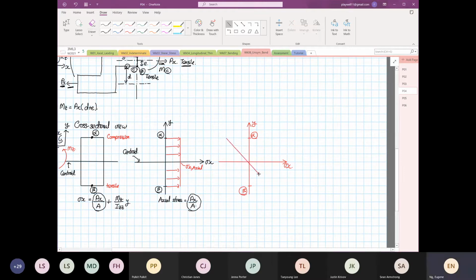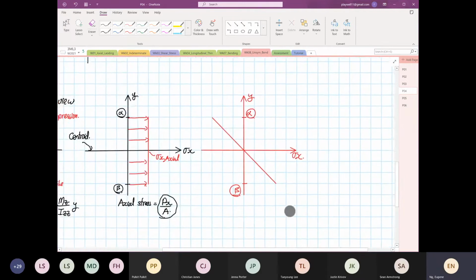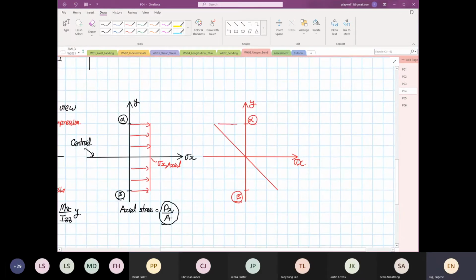This is the shear stress distribution. Okay, so at the top is going through compression. At the bottom is going to be tension. Okay, so this one is also bending stress. So this is equal to My over I.